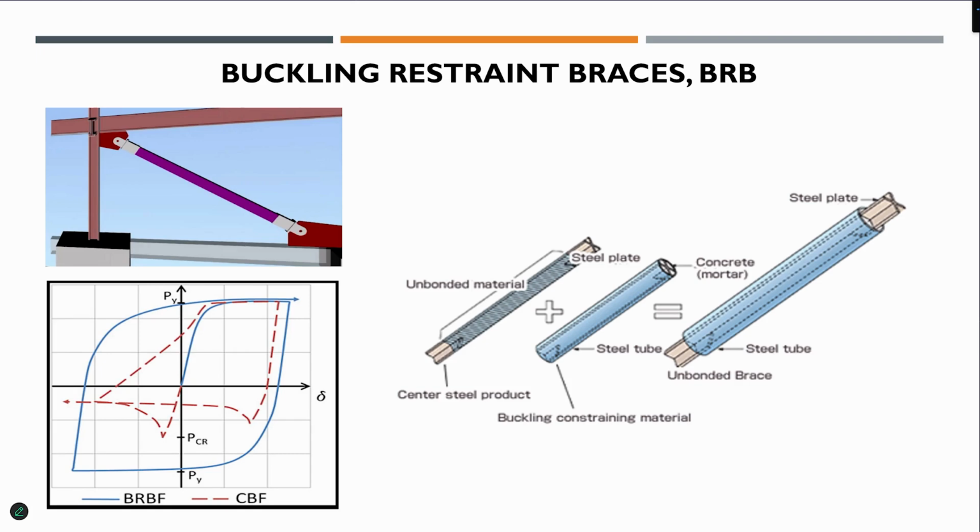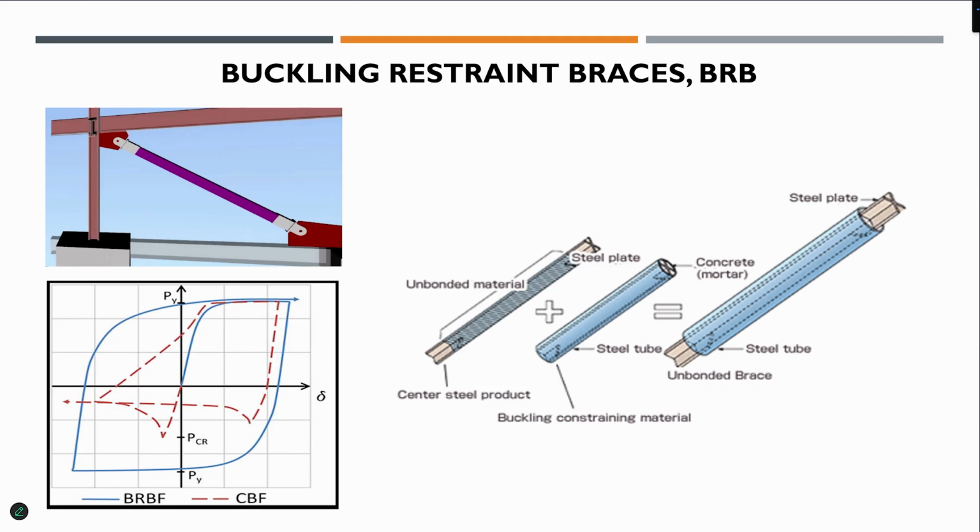It's so obvious. What they do is that the outside casing is larger in size, and that prevents it from buckling. But inside is a smaller section which can move in and out freely without yielding, without buckling, and the outer casing prevents it from buckling.